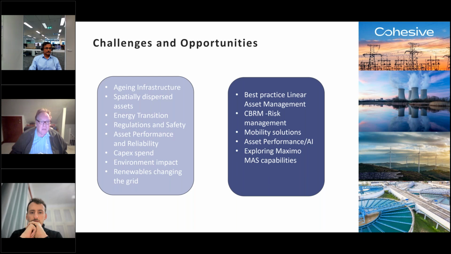Obviously, asset performance and reliability is a big issue, as well as capex spend. One of the big ones, though, we found in the UK, and I think it's worldwide, is the change towards renewables. In the original setting up of the national grid, all of the heavy-duty coal-fired power stations were in the centre of the country, and then substations stepped down the voltage and current until you got to the coast. So consumers were picking up their electricity from the grid, radiating out from the centre.